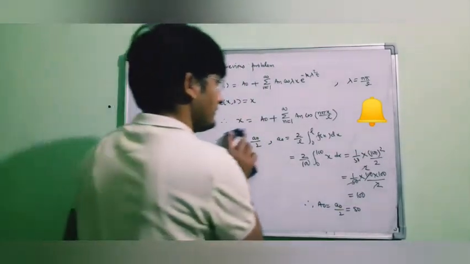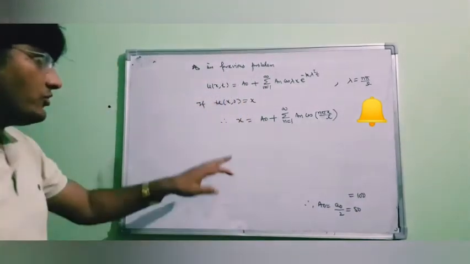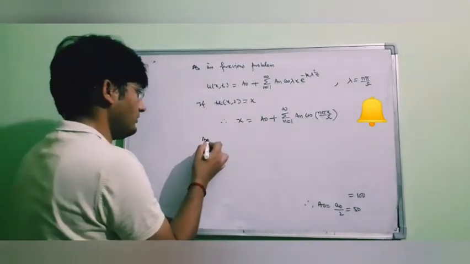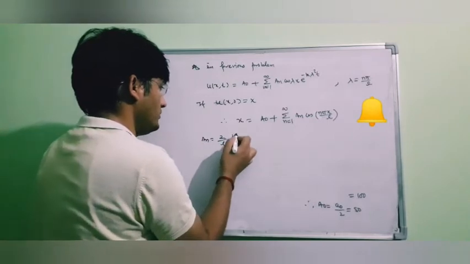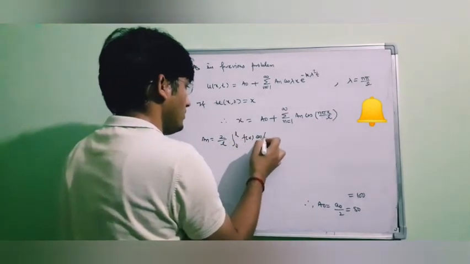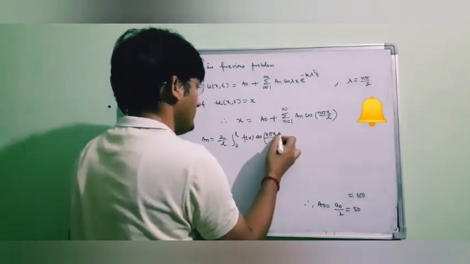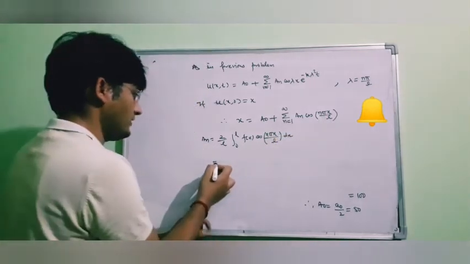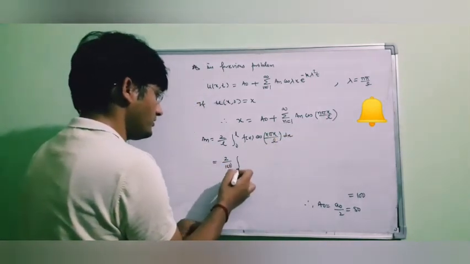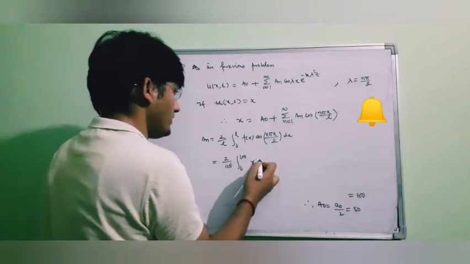Then let us compute An. An will be 2 upon l integral from 0 to l of f(x) cos(n pi x upon l) dx. So this will be 2 upon 100, integral from 0 to 100, where f(x) was x.